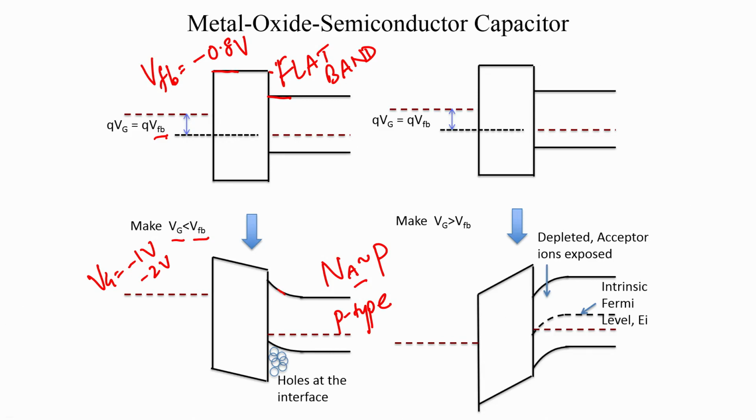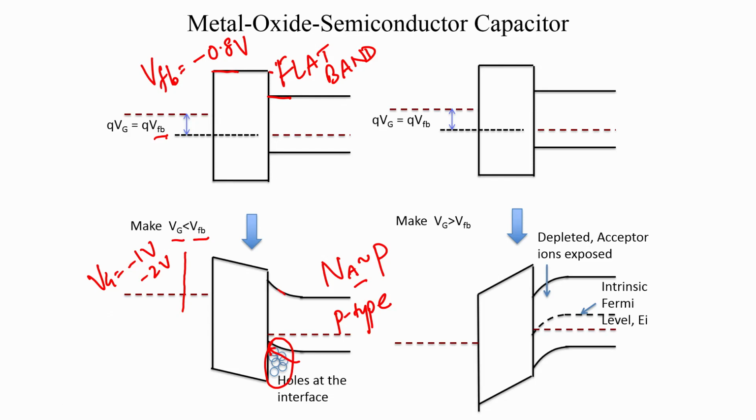So, plenty of holes, and these holes are going to start running up the hill and they are going to accumulate at the interface. So, as I continue making Vg less than Vfp, we are going to encourage holes to appear at the interface.